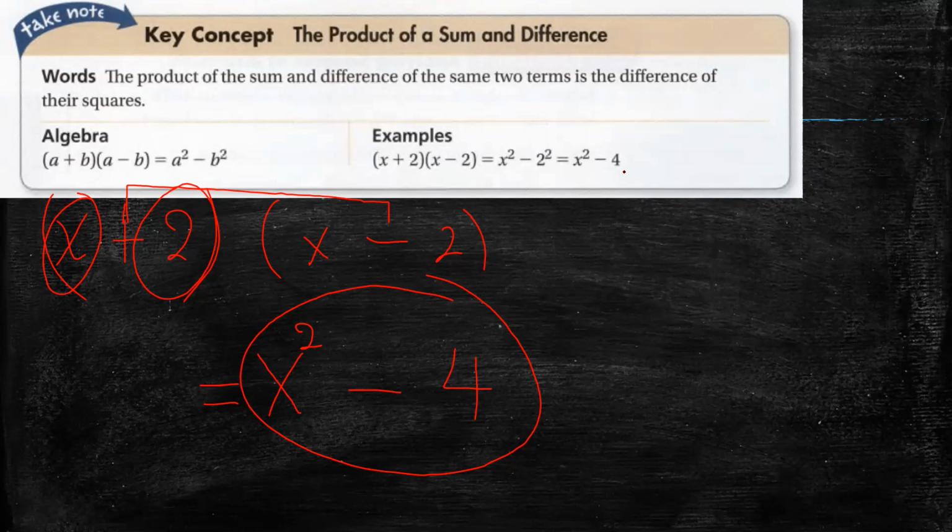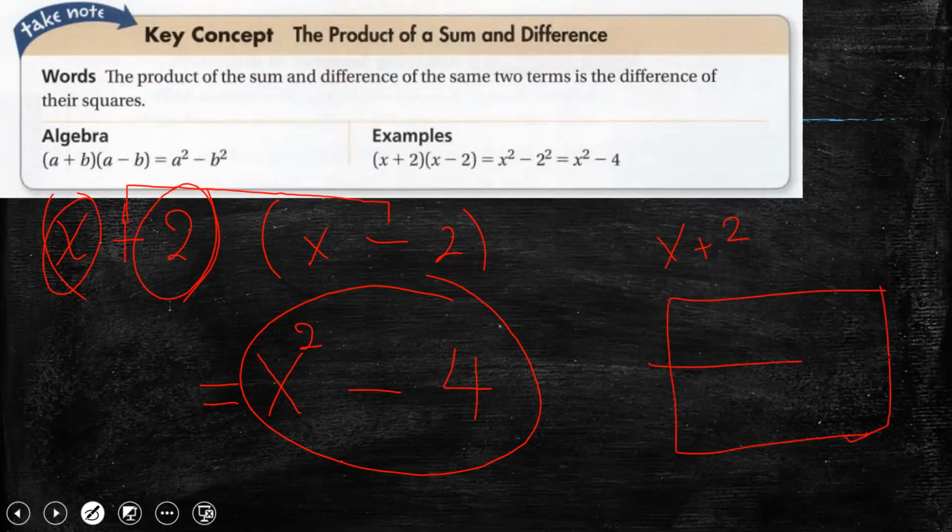Let's prove it here. If we have x plus 2, make it as a table, as an example. We put x here, 2 here, x here, and 2 here. x times x is x squared. 2 times x is 2x. Here it is positive 2 and here it's negative 2.